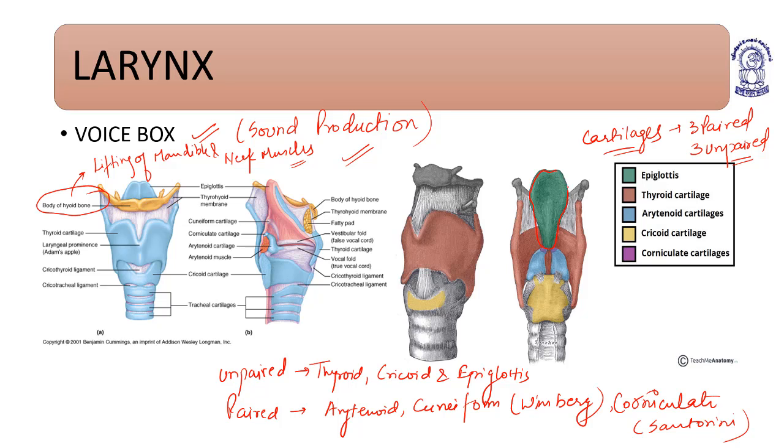Thyroid cartilage. Arytenoid cartilage, paired. This is the cricoid cartilage. Corniculate cartilage.